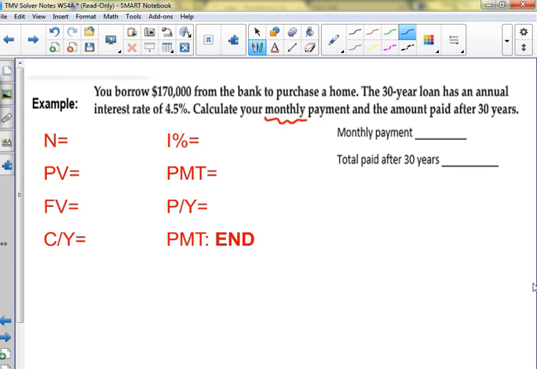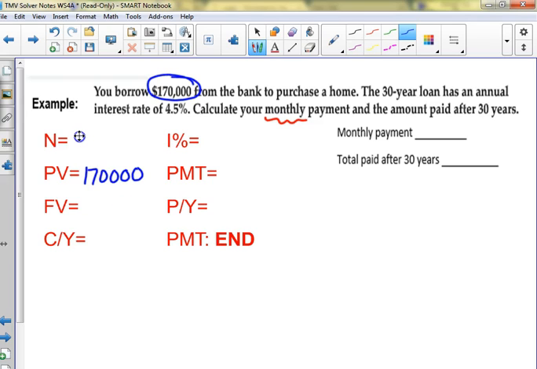Okay, go back to this question. Where is $170,000 going to go? Any ideas? Yes, we are presently borrowing $170,000. You can put it in as positive or negative. It doesn't matter. Your payment is going to be the opposite sign. What else do we know?